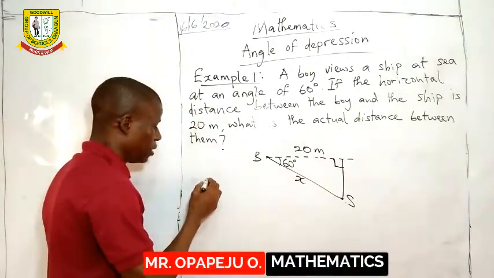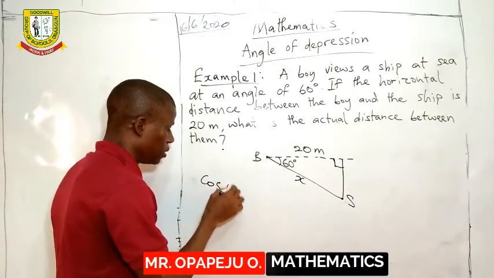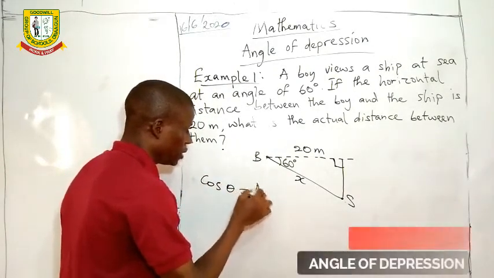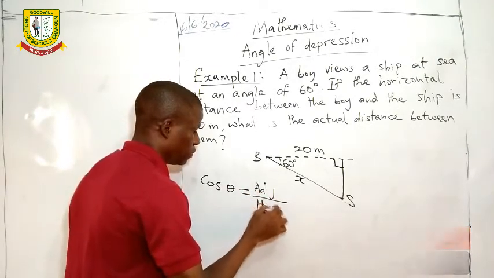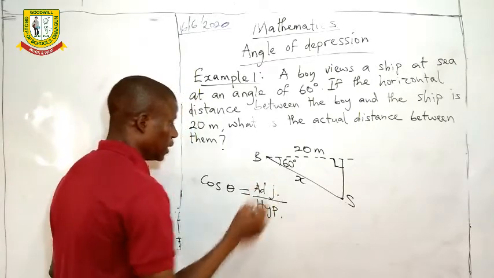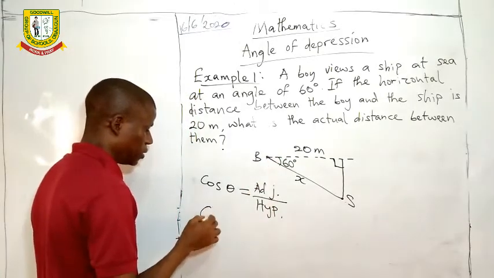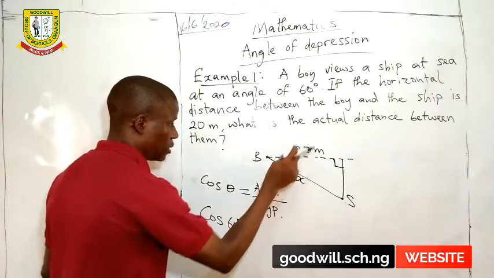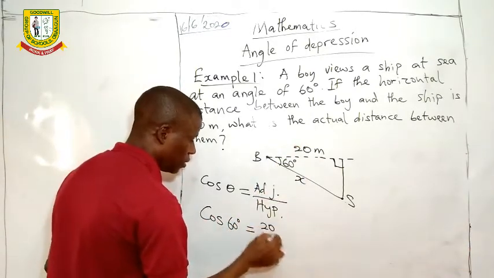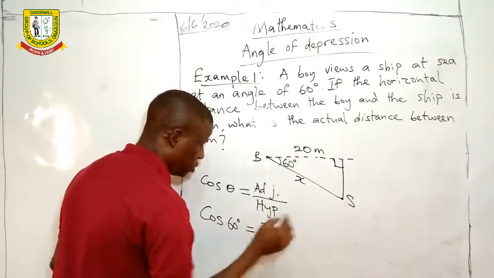So we have cos theta equals adjacent over hypotenuse, and cos 60 should be the same as adjacent over hypotenuse.